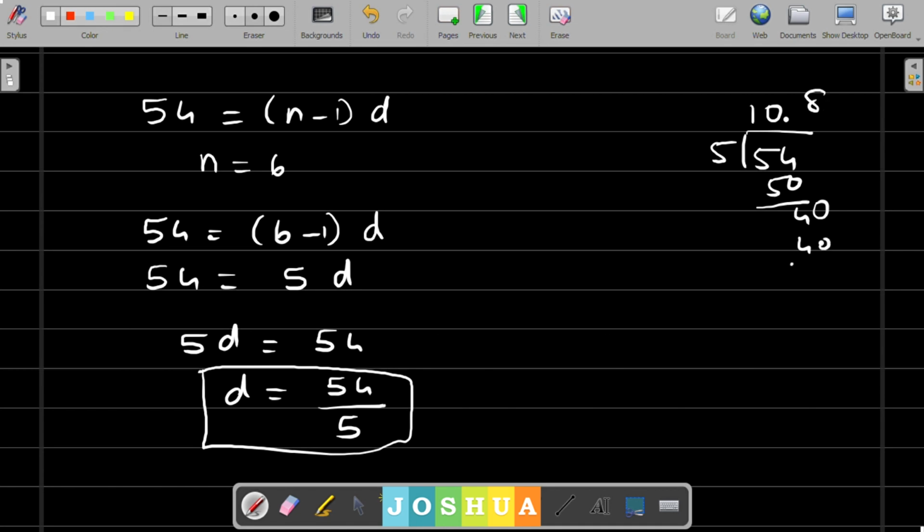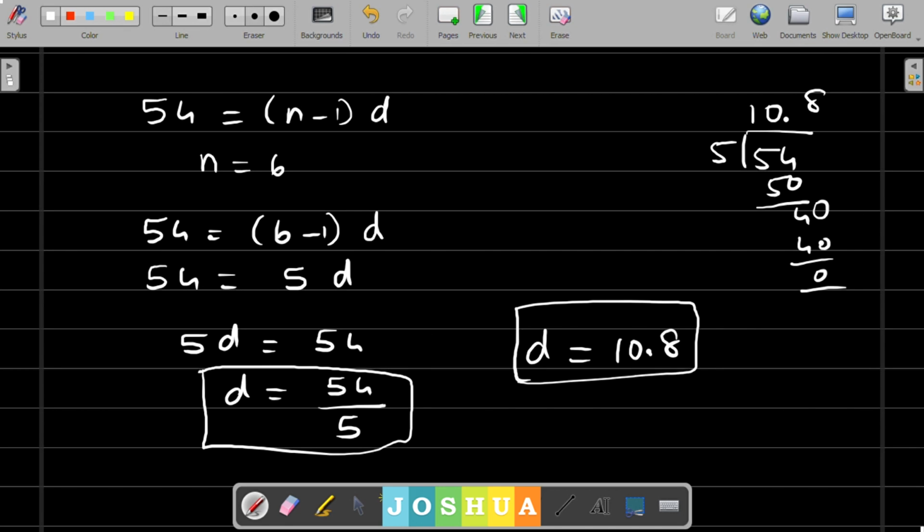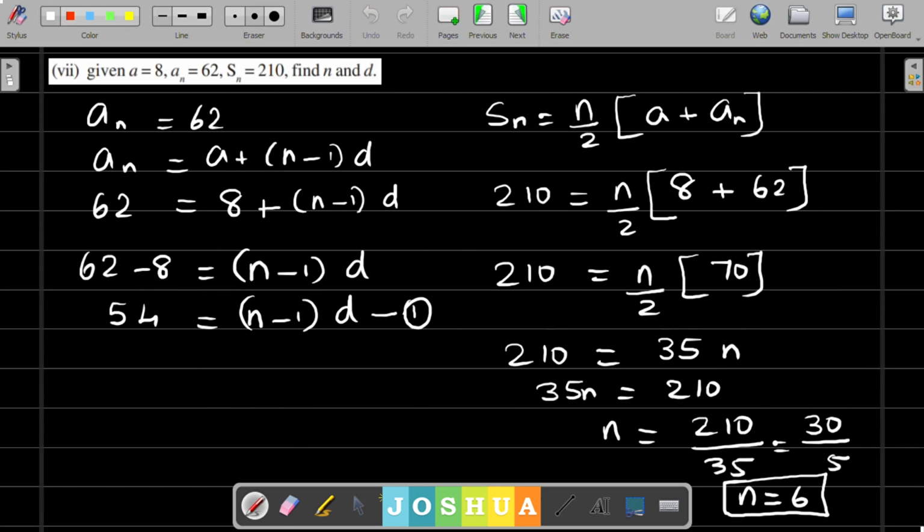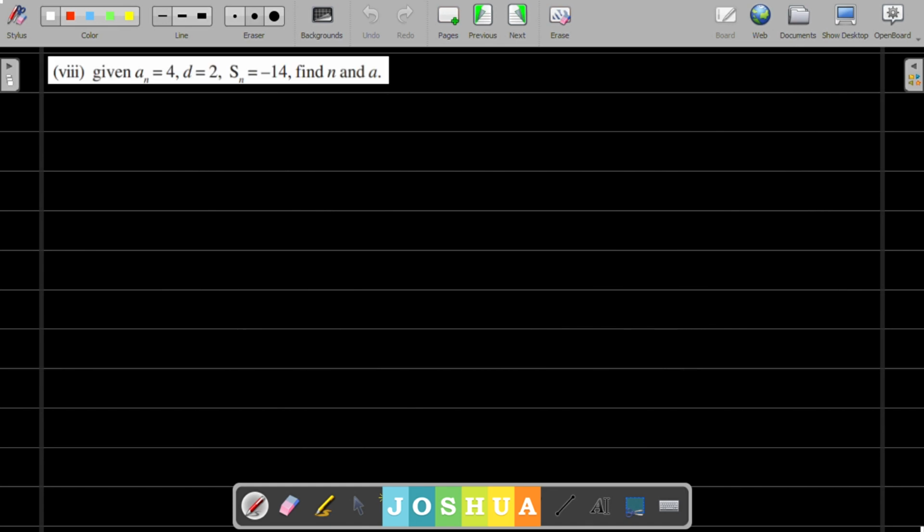Therefore d is equal to 10.8, also you can write. So both are correct. We found the d value, we also found n value is 6 and d value is 10.8.